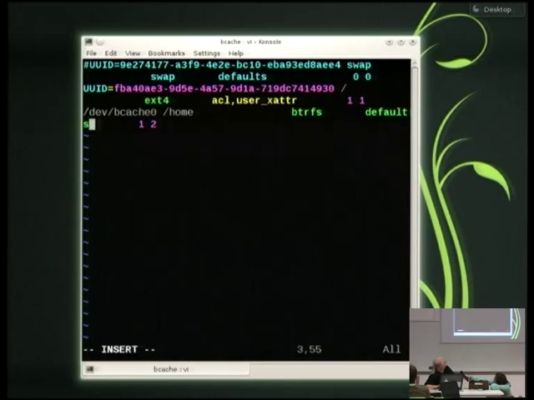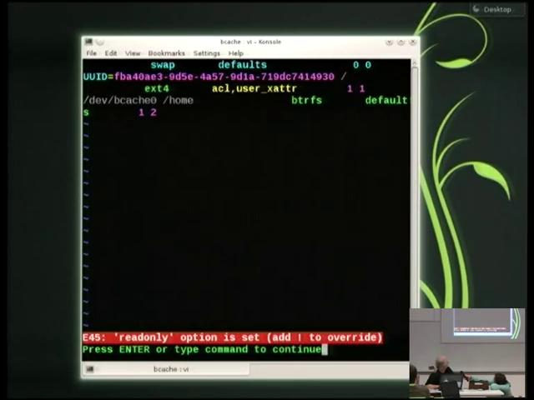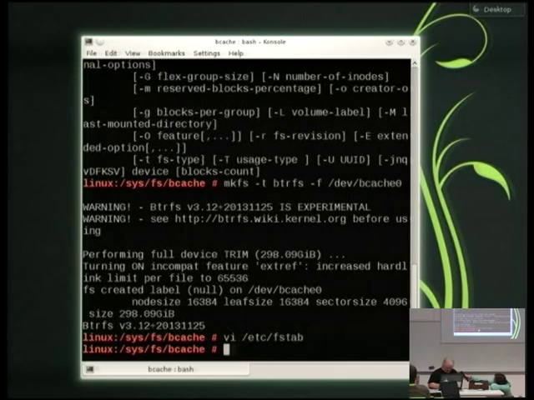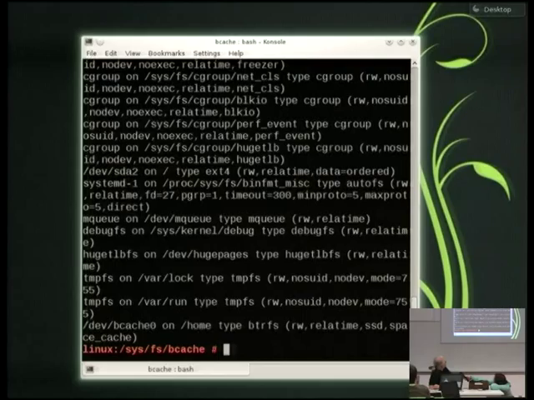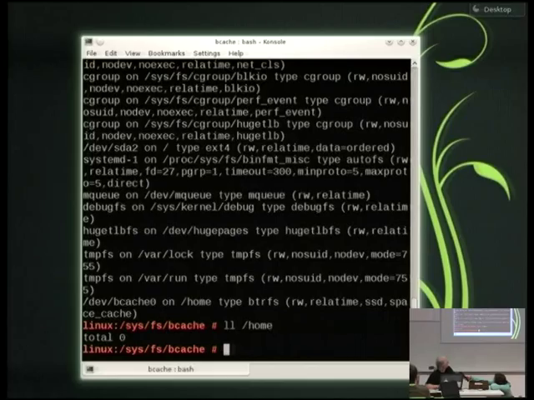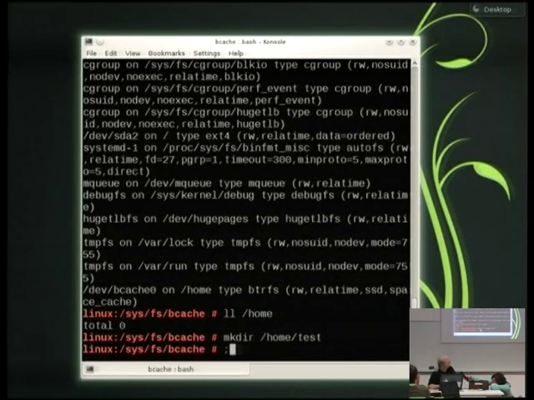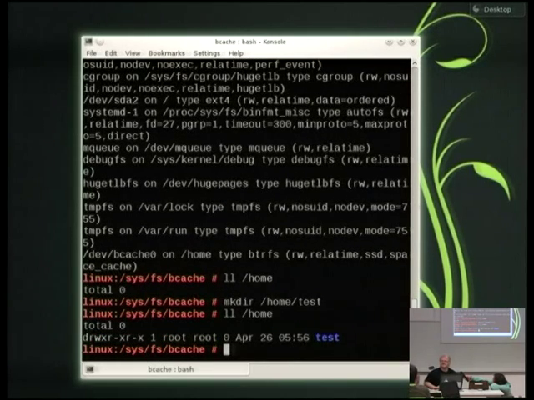Defaults. Okay. And here we are. And it works. Yay.